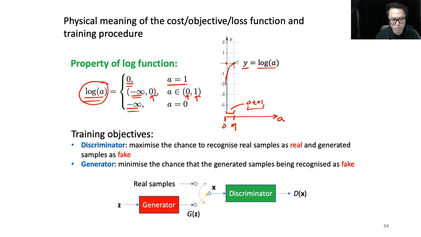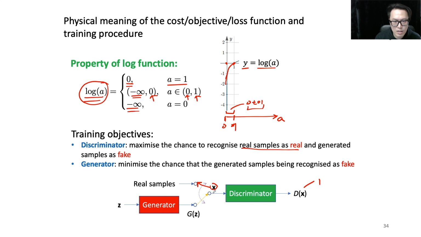Okay, and now we are going to talk about the training objective again. We would like to maximize the chance to recognize the real sample when the sample is real, and when the sample is from the generator, the discriminator will tell it is fake. That means when the real sample x is from here, the discriminator will give you 1.